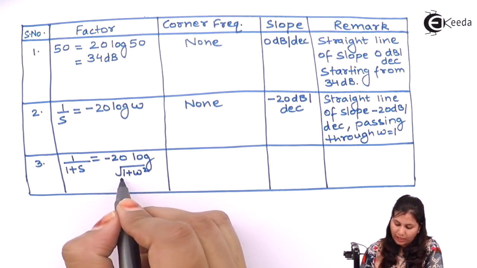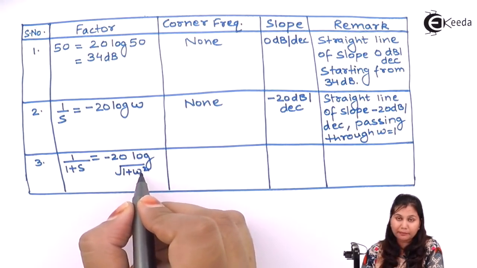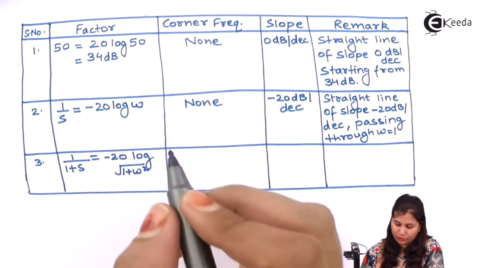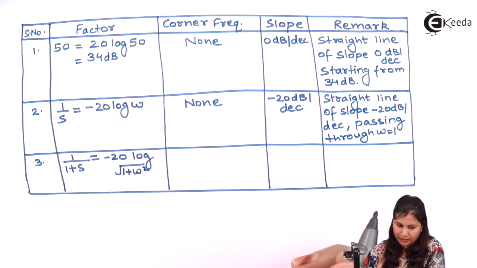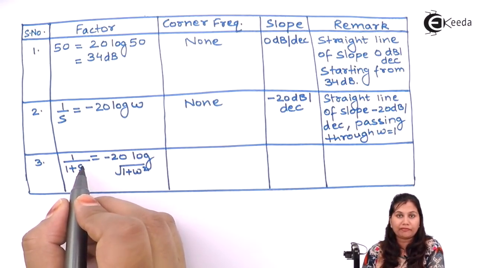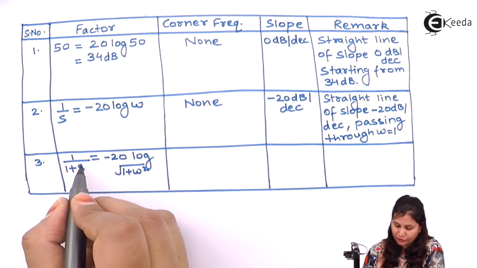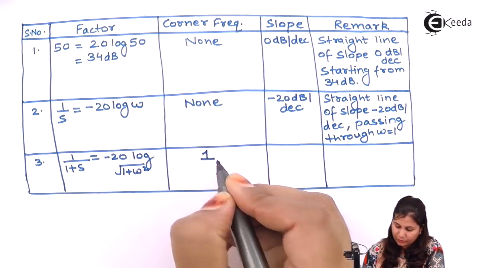So the under root of real part square plus the imaginary part square, so 1 plus omega square. So minus 20 log under root of 1 plus omega square. The corner frequency can be calculated by the coefficient of omega. So coefficient of omega here is 1. So corner frequency is 1.